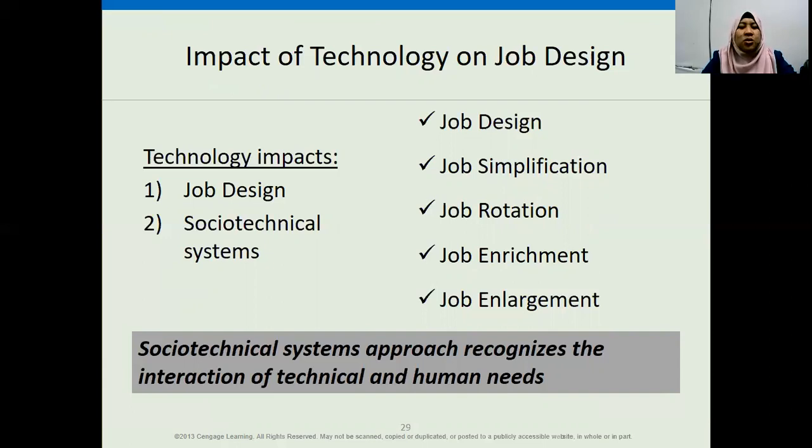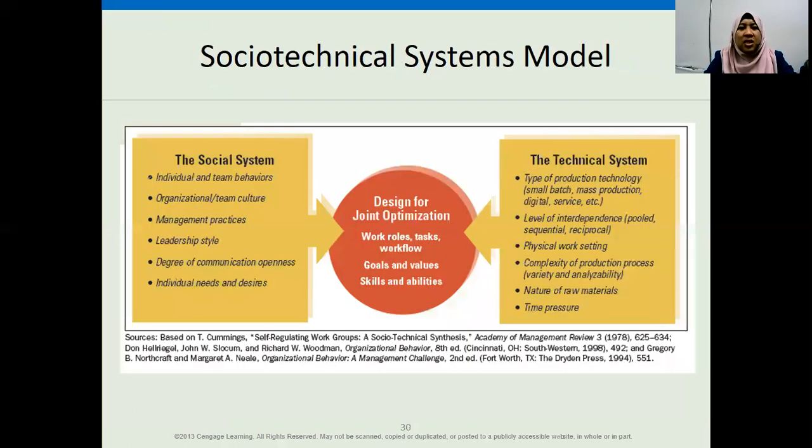The socio-technical system approach recognizes the interaction of technical and human needs. Then we have the socio-technical system model, with the social system and also the technical system. For the social system, we have individual and team behavior, organization, team culture, management practice, leadership style, degree of communication openness, and individual needs and desires.